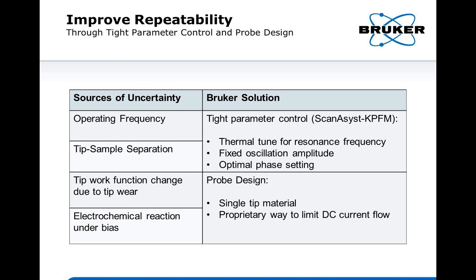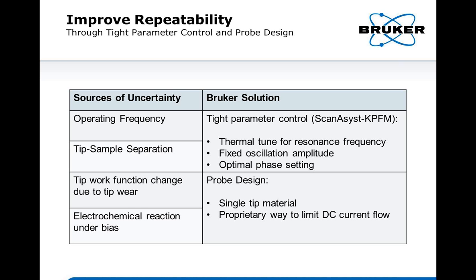And another way we limit, well, I cannot go into detail about that. It's a proprietary method. We can limit the DC current flow from the tip to the sample to eliminate electrochemical reactions there, or at least to reduce the reaction by much.